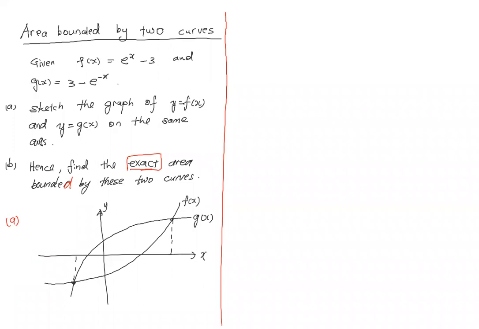If you use your graphic calculator and get the intersection point, Avika, can I have the approximate value of the x coordinate of the first point of intersection? Minus 1.76. Negative 1.76. Okay.